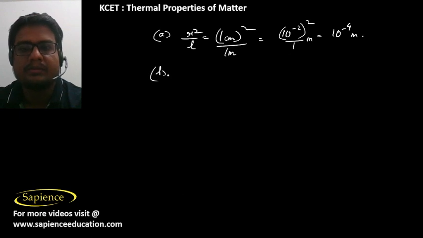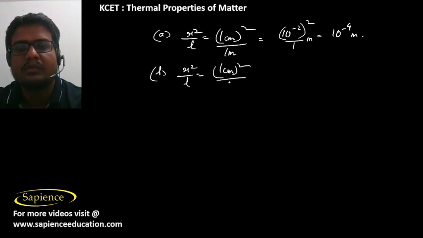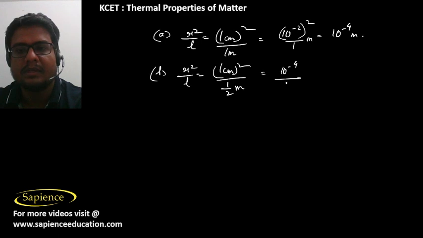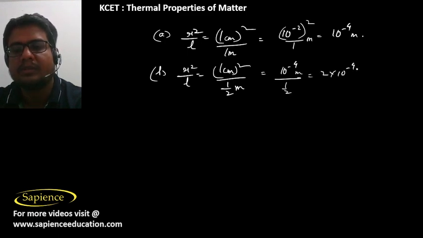And for the second option, r square by L value will be 1 centimeter whole square divided by half meter. So that is 10 power minus 4 divided by half, so that is 2 into 10 power minus 4 meter.